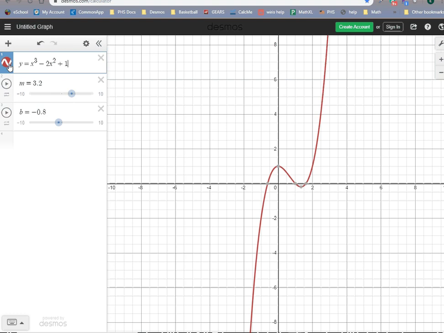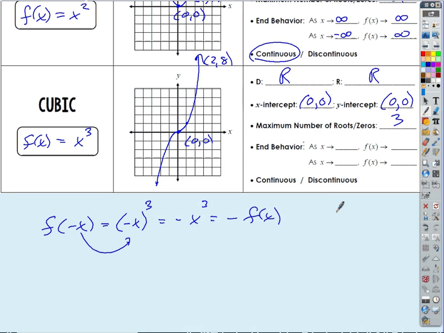There's a cubic equation, right? So it does some weird things, but it's still got a lot of the same characteristics. How many x-intercepts does this one have? 3. 1, 2, 3. So we could get 3 x-intercepts in a cubic equation too. If we tweak it enough, we could get 3.